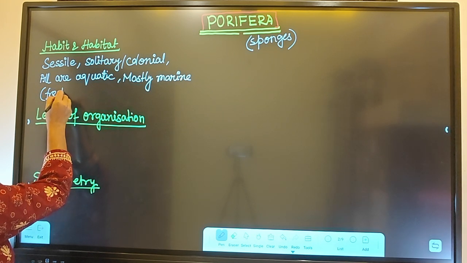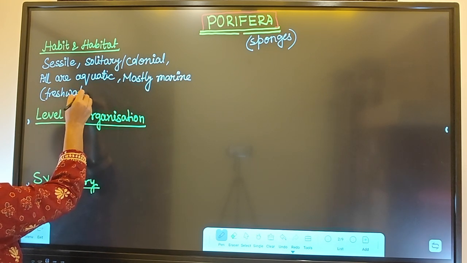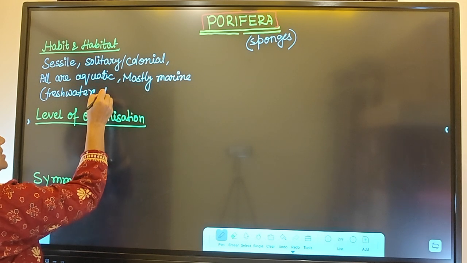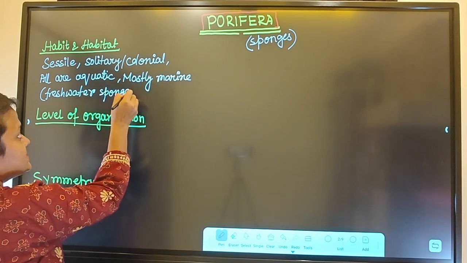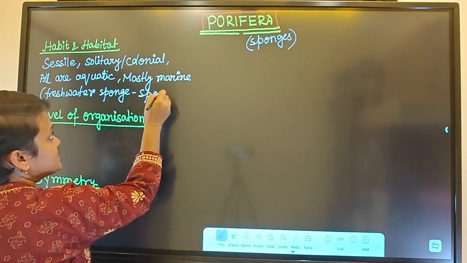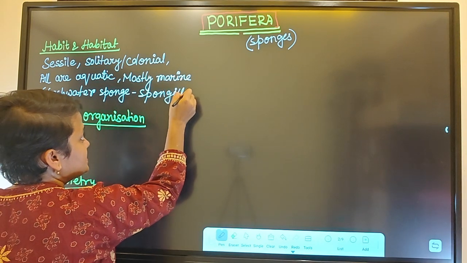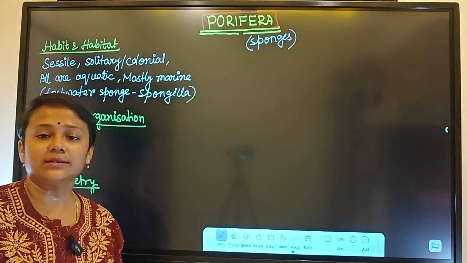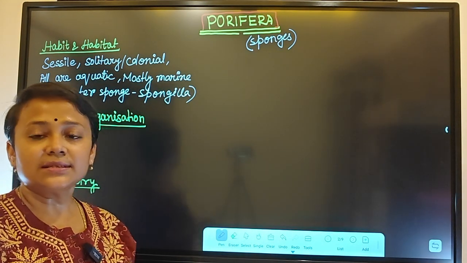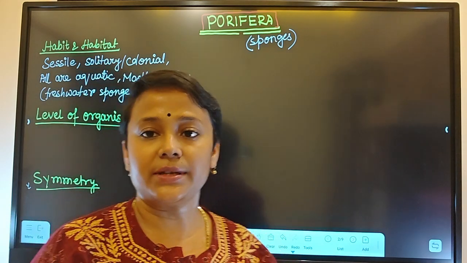Freshwater sponges are also there. The classic example of a freshwater sponge is Spongilla. So this is all about habit and habitat.